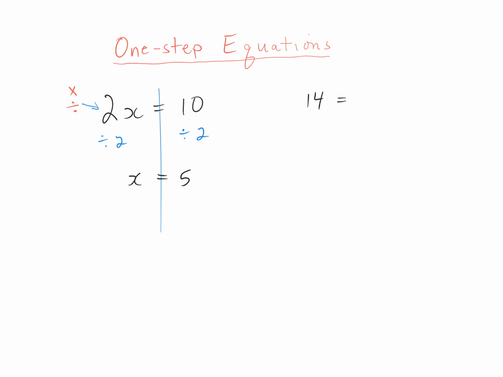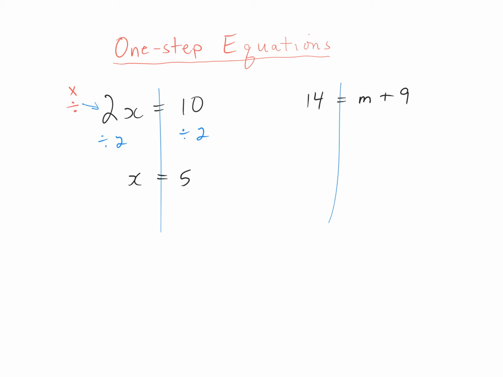14 equals m plus 9. So this is basically saying there's a number, and when I add 9 to it, I get 14. Well, we know the answer is 5, right? 5 plus 9 is definitely 14. So how do we show it? Well, we're going to draw a line down the middle, separating the left-hand side from the right-hand side.